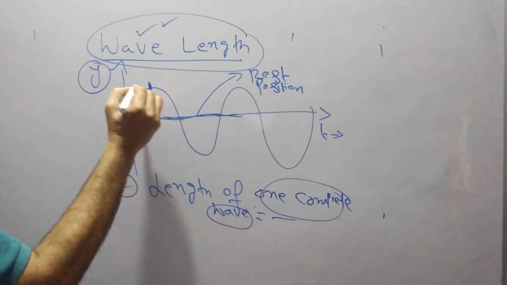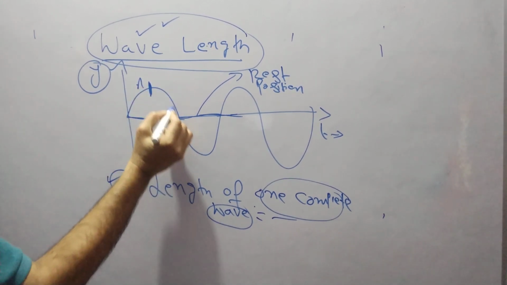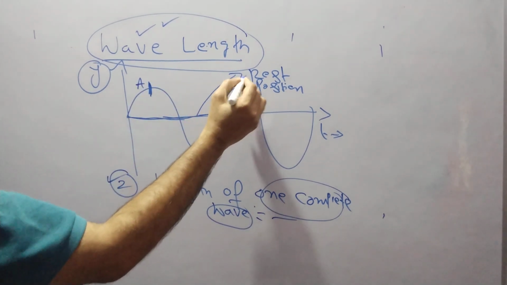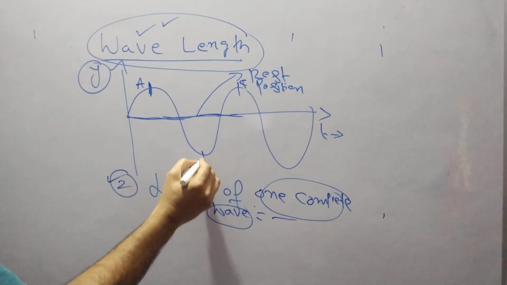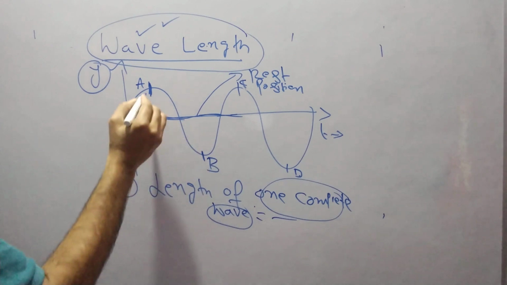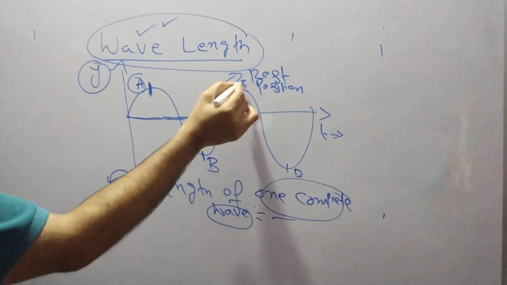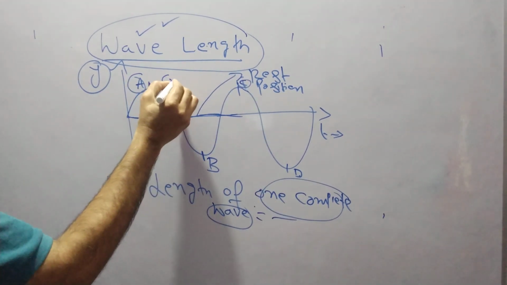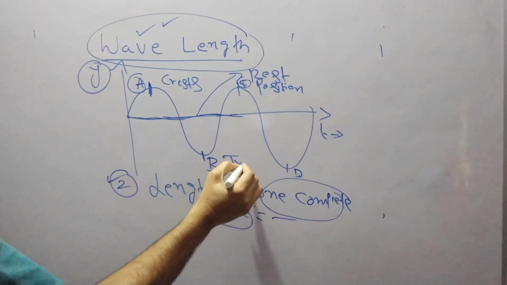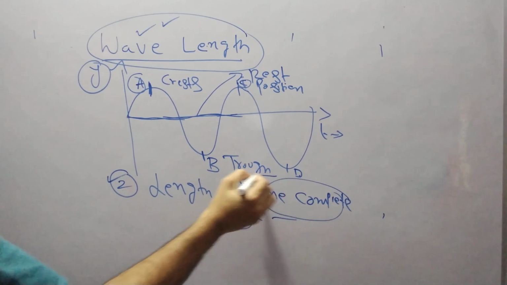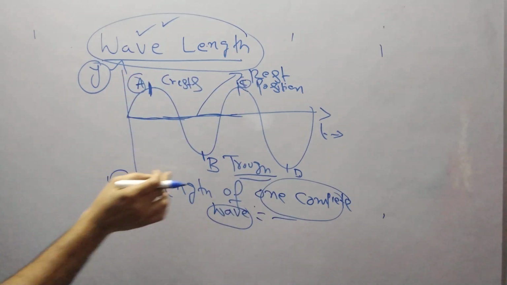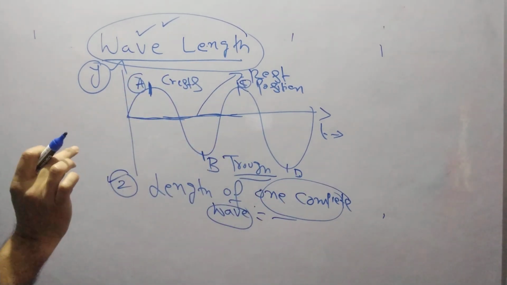These are the peak points on the curve: this is A, this is B, this is C, and this is D. These peak points are known as crest, and these are known as trough. Previous videos already explained these points. A and C are the crest, the maximum points, and B and D are called trough, right?